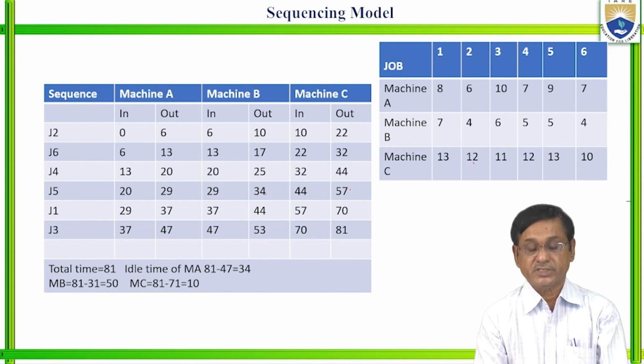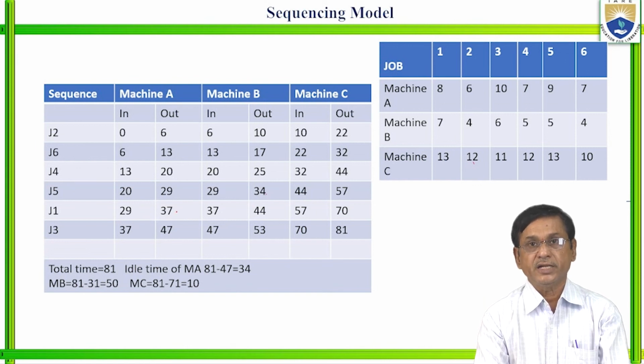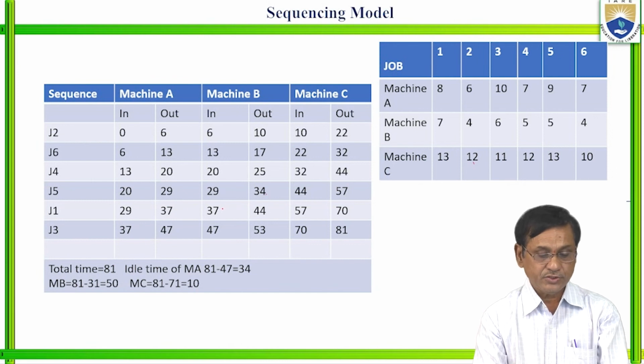Then the first job enters machine A at 29 and the processing time required is 8 hours, so it will be finished by 37. The first job goes to the second machine at the end of the 37th hour and the time required is 7 hours, so it will be finished by 44 hours.